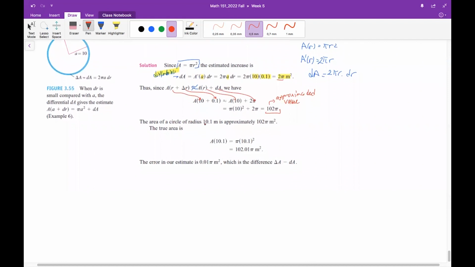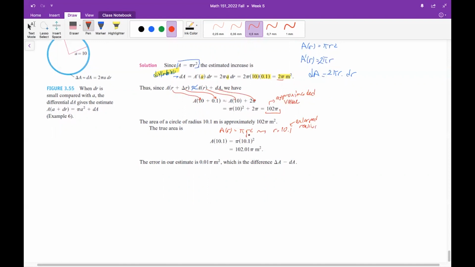And you can also compute the exact value of the enlarged area by using the area formula. You know, A of r is pi r squared, and our new radius is now the enlarged radius. That's why let's compute the exact enlarged area.